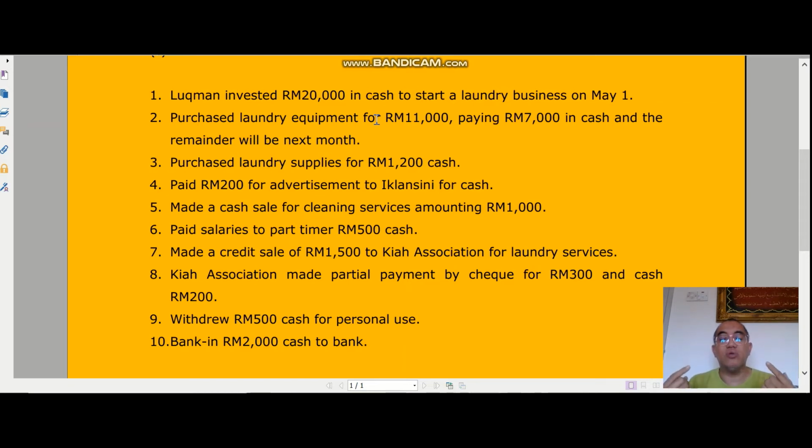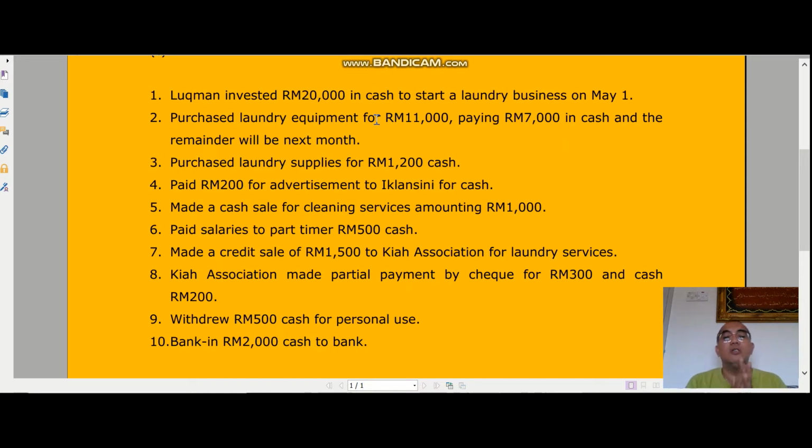So now he needs to think how much is the capital, how much is the asset, and how much is the liability. When we have this extended accounting equation, I will break up the equity part. So in the equity, we have capital, revenue, expenses, as well as drawings.